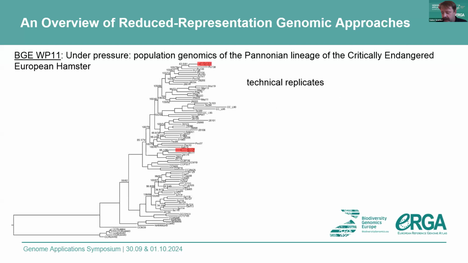And again, some practical information, something which I think is very important to consider when we are using RADseq, especially if we are combining libraries. We always include technical replicates, which are simply the repetition of the same sample in the second library.